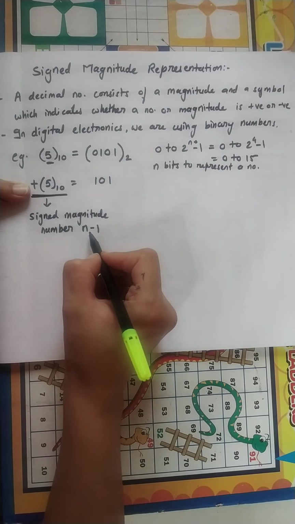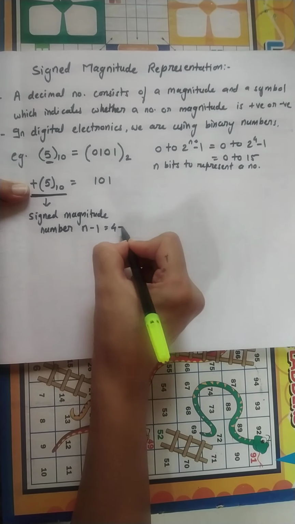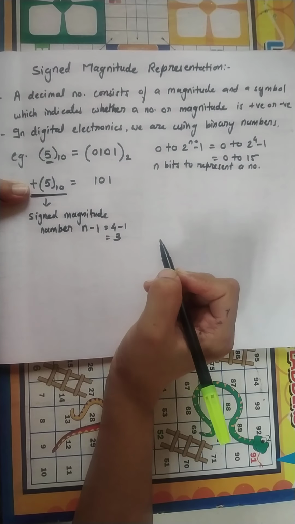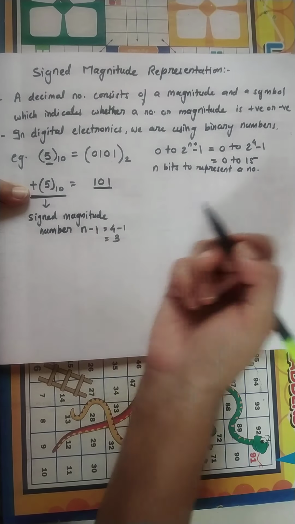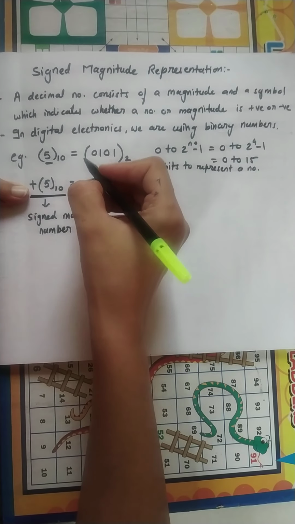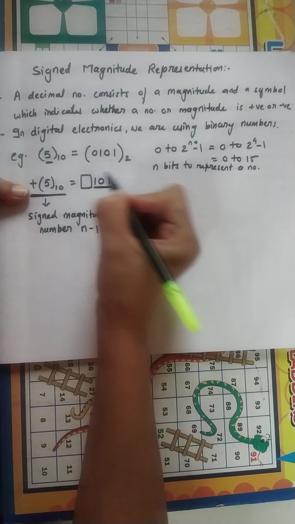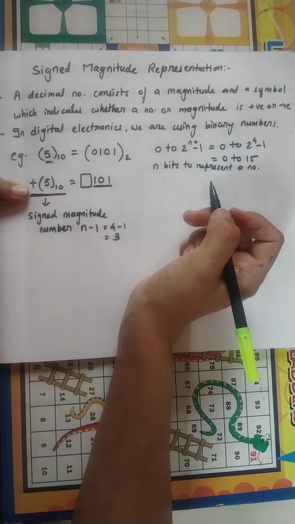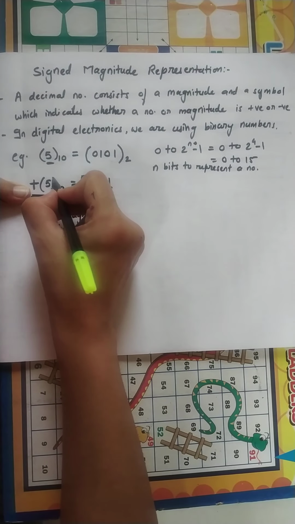That means n is 4, so 4 minus 1, that is only the 3 LSB bits are used for representing the decimal number. Then what about the MSB bit, that is the 4th bit? This 4th bit is used for representing the sign of the decimal number.